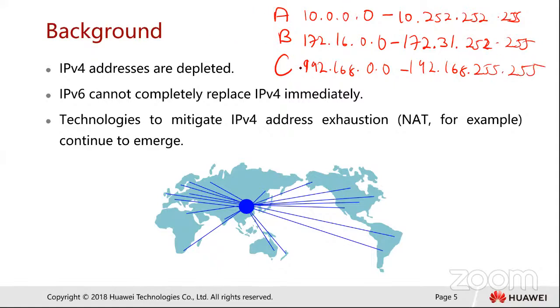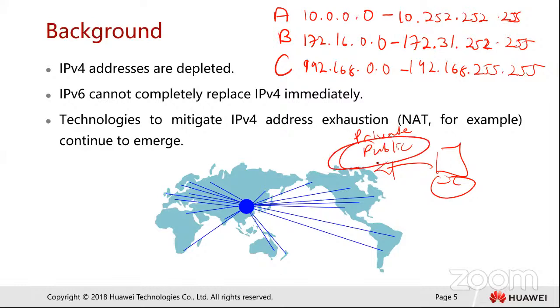But for any computer to be able to communicate and connect to the internet, what kind of IP address does it need? Does it need a private or a public IP address? Public IP. For any machine to communicate over the internet, it will need to have a public IP address.